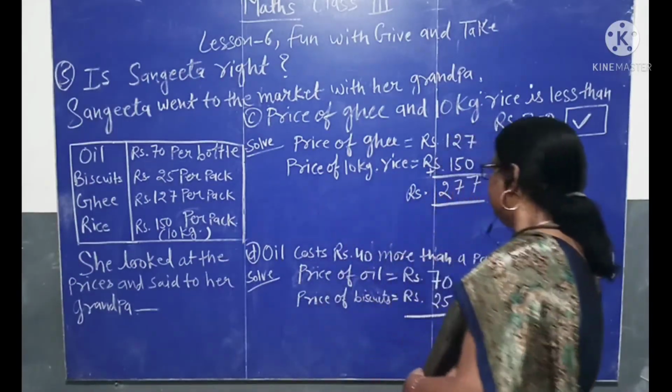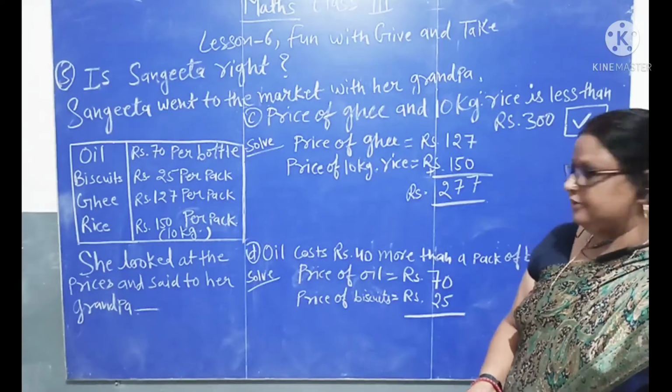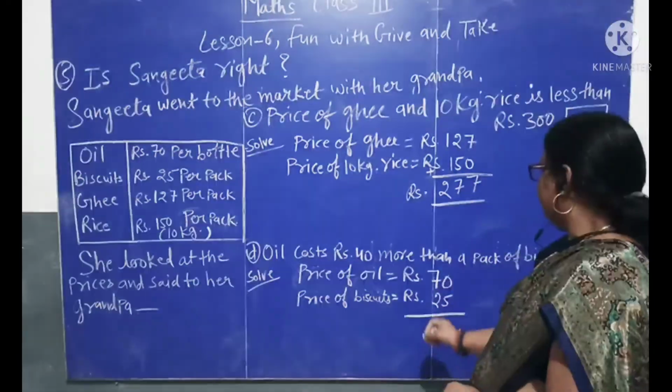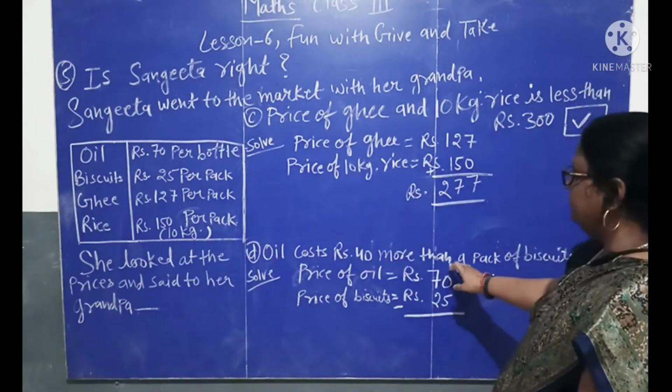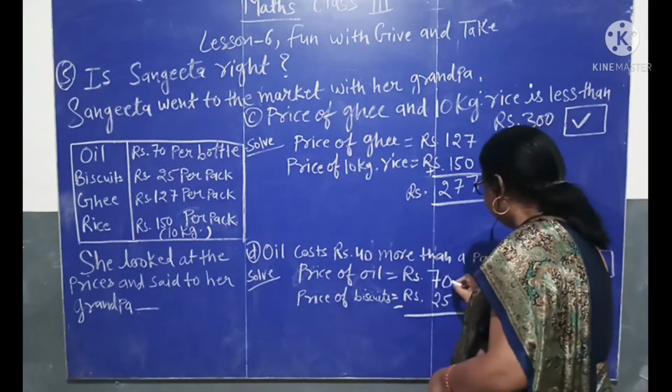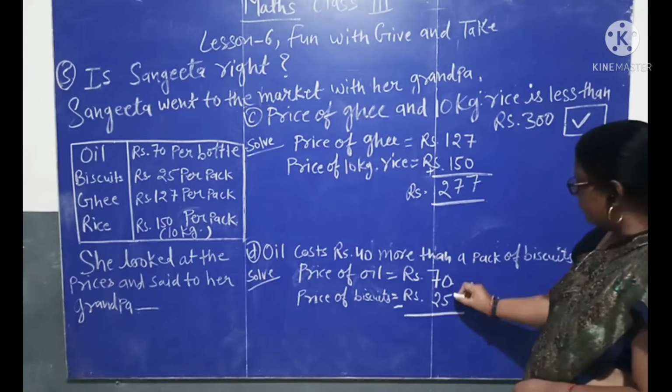If we want to know the difference between oil and biscuits, we have to subtract the price of biscuit from the price of oil. Let's subtract. Here is 0, here is 5.